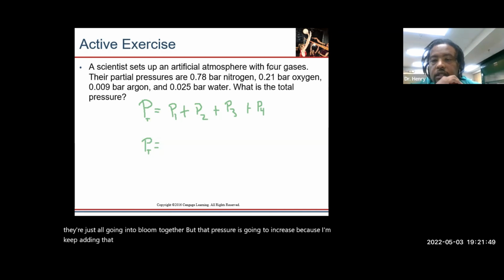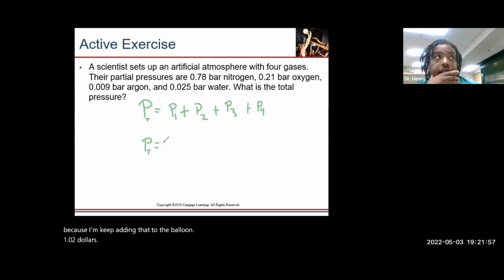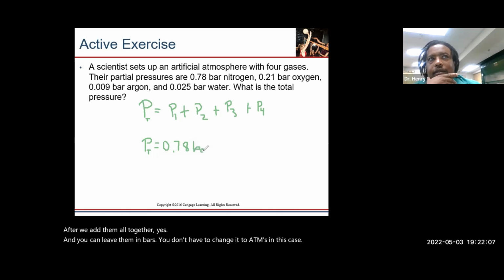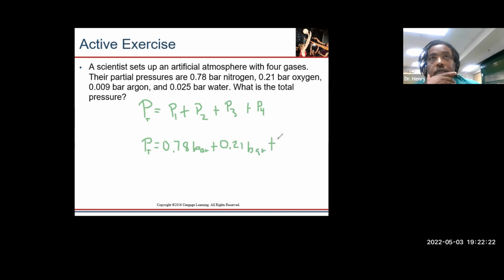Would it be 1.02 bars? That is correct, after we add them all together, yes. And you can leave them in bars. You don't have to change it to ATM in this case, because they're all in bars, right? Those are good questions.